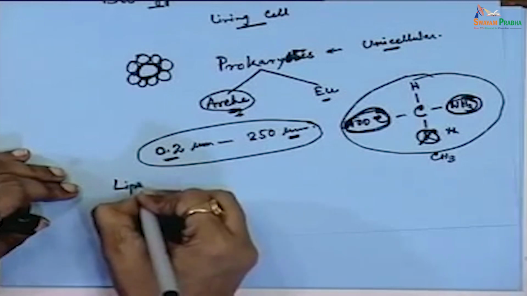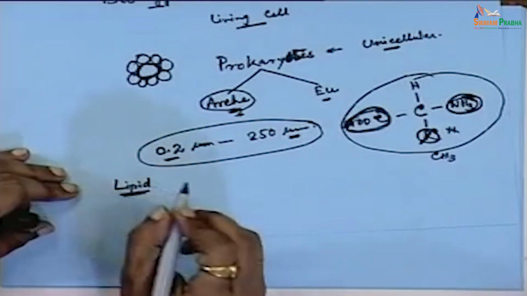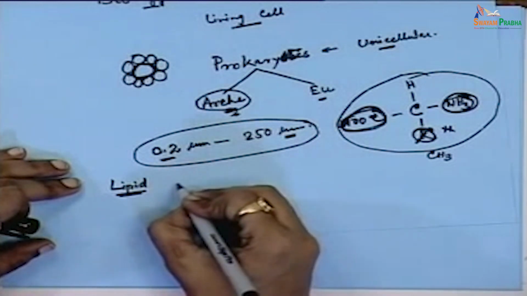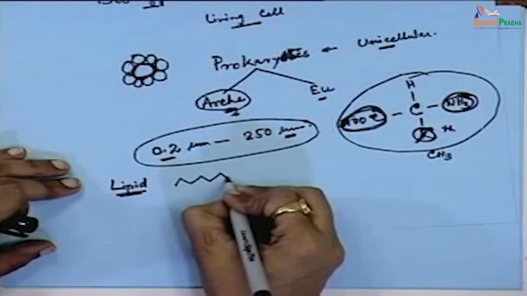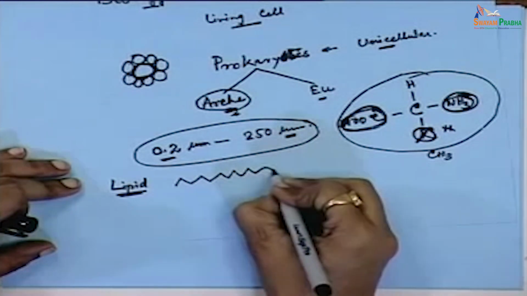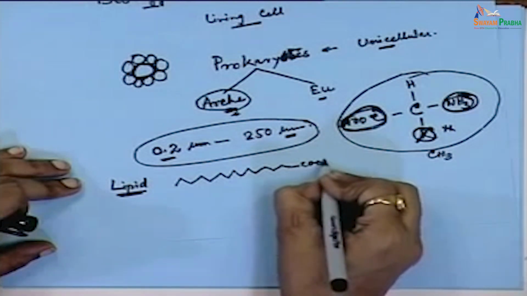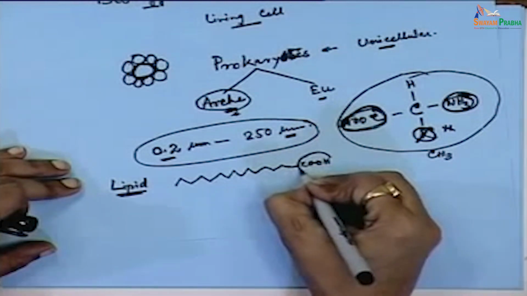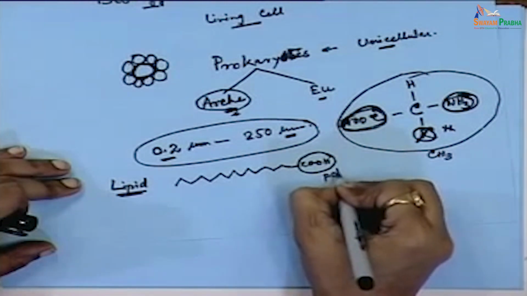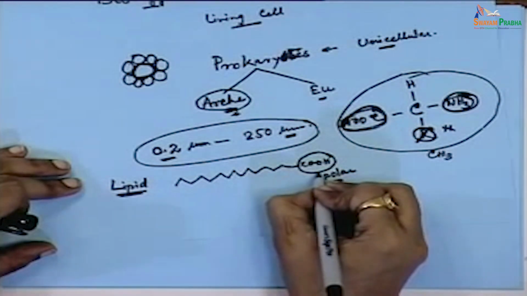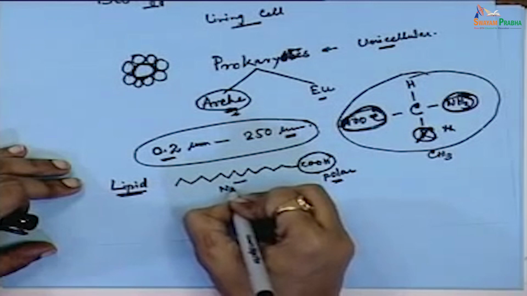Lipid is a water insoluble molecule, and if we see the structure of a fatty acid, it has a chain-like structure ending with a carboxyl group which is polar in nature. That means we can say the fatty acid has a polar head and a non-polar tail.